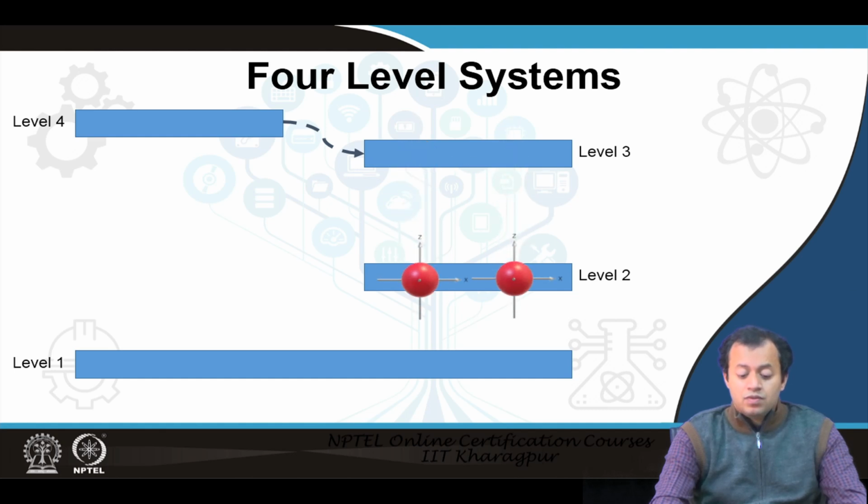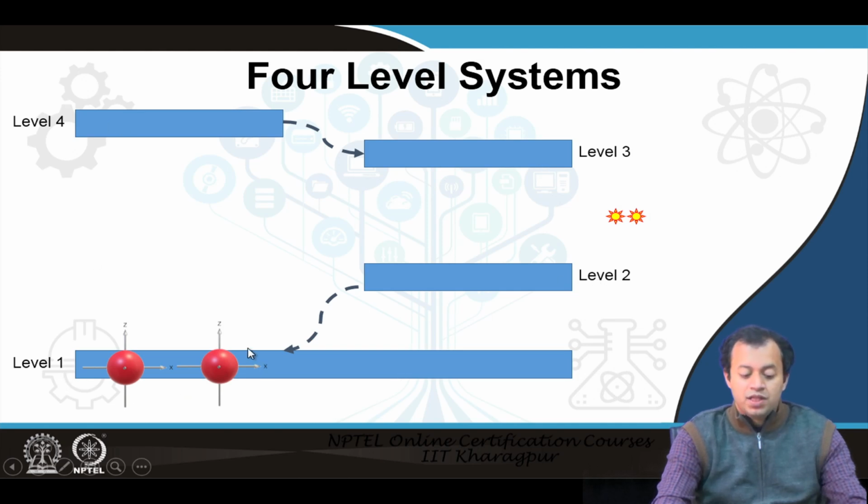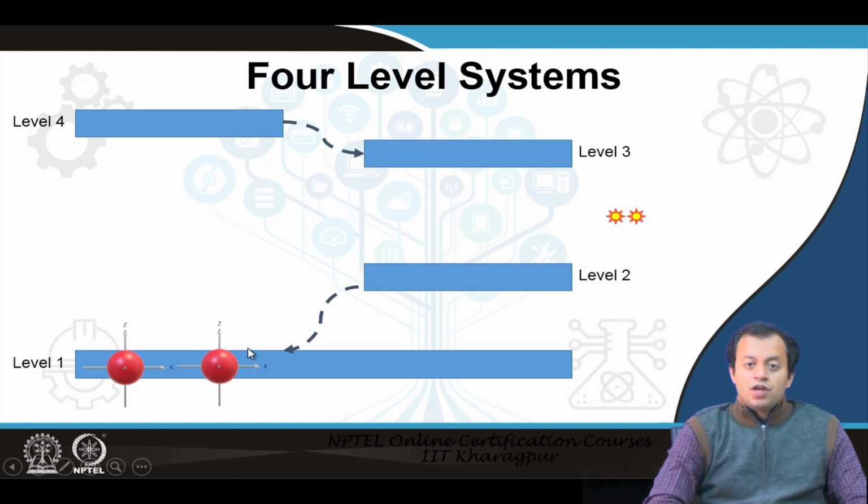It goes back to level 2, releasing some amount of light, and finally it returns to its original position using another internal conversion. So the laser light is happening here. Laser action is happening between level 2 and level 3. Level 4 and level 1 are simply there to achieve population inversion.